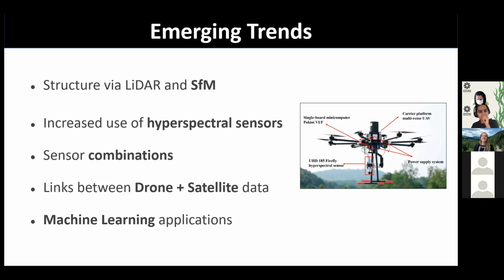And finally, like the random forest classification method I mentioned earlier, machine learning algorithms and artificial intelligence are expanding rapidly. And these can really help us identify things faster and with greater accuracy. So these are just some of the trends that are up and coming, especially for drones and environmental research.